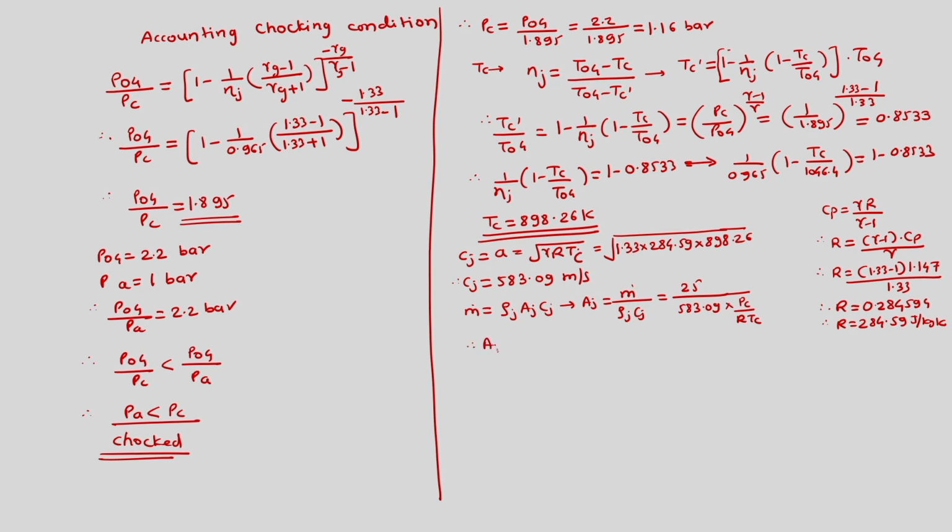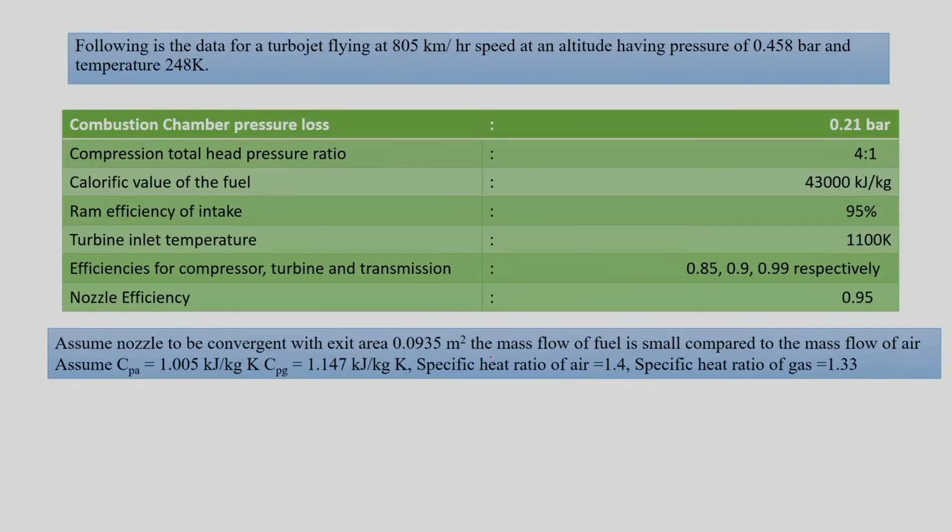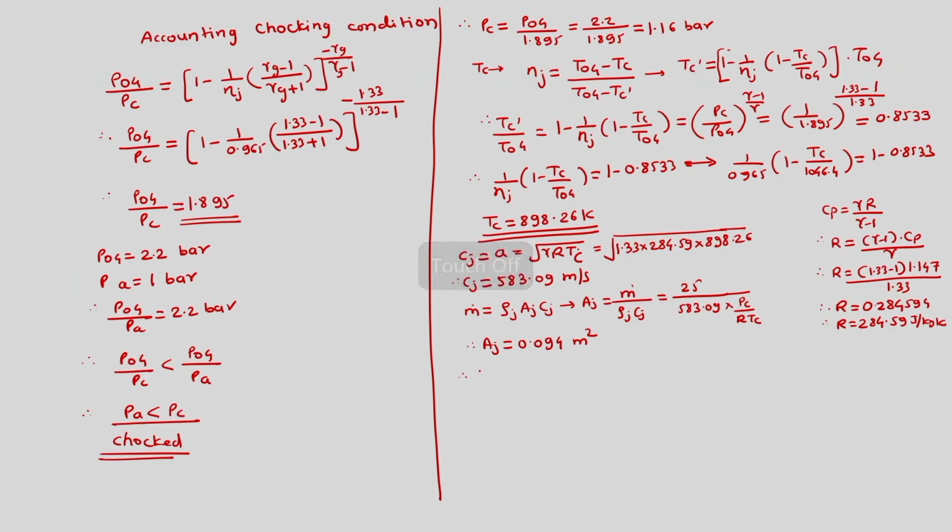So this gives us Aj, and that comes to be 0.094 meter square. Knowing this Aj, now we can calculate thrust is equal to m dot into (Cj minus Ca) plus (Pj minus Pa) into Aj.